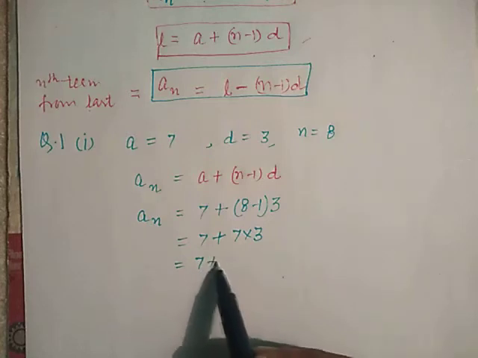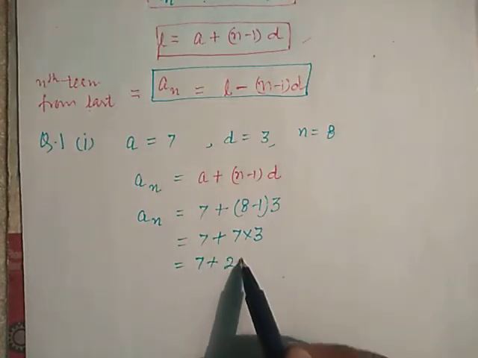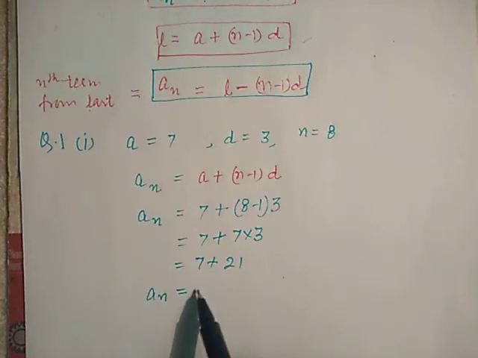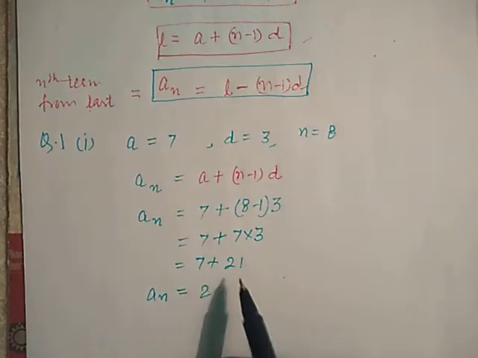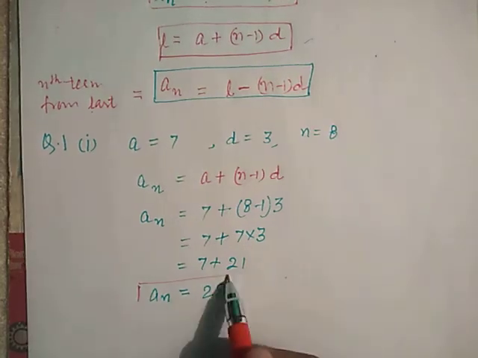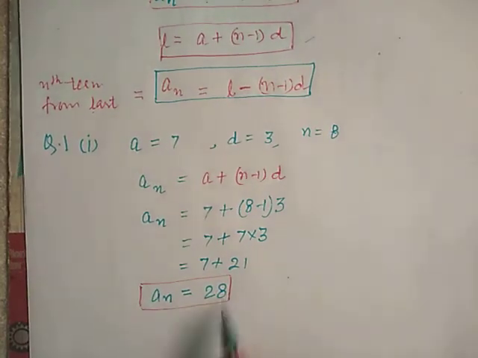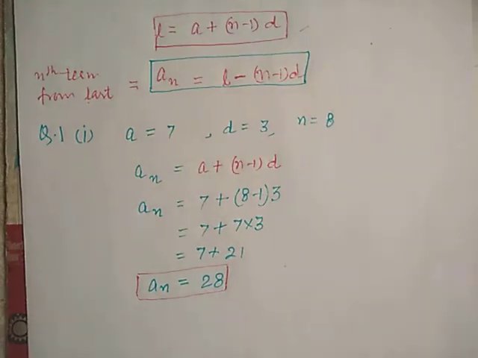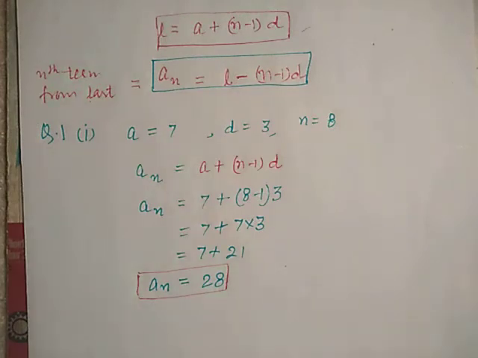So 7 plus 7 times 3 is 21, and our final nth term will be the sum of 7 and 21, which is 28. So an is equal to 28 is the required nth term. I hope you have understood this question.